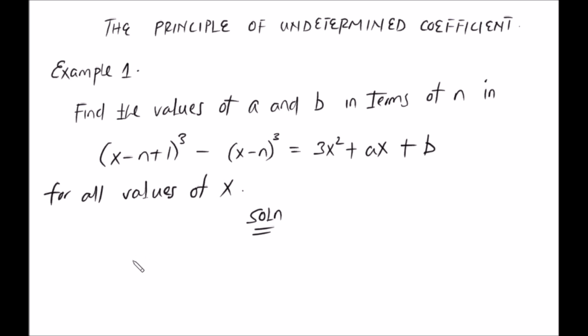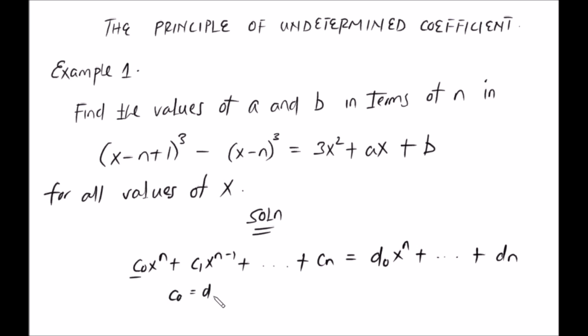if you have two polynomials, the first one like this, with coefficients c_n, and the second one like this, with coefficients d_n, and we say these two polynomials are equal for all values of x, then we may equate the coefficients of like powers.